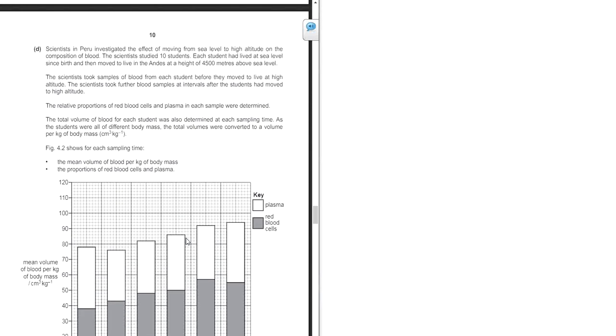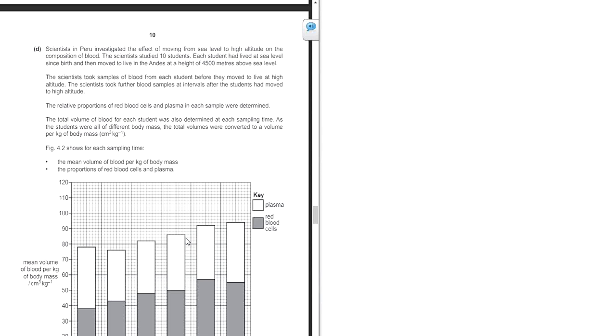Okay, part D of the question, we have a graph here. Scientists in Peru investigated the effect of moving from sea level to high altitude on the composition of blood. Scientists studied 10 students. Each student had lived at sea level since birth and then moved to live in the Andes at heights of 4,500 meters above sea level.